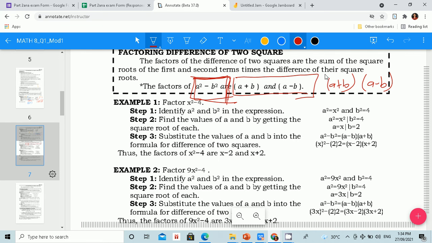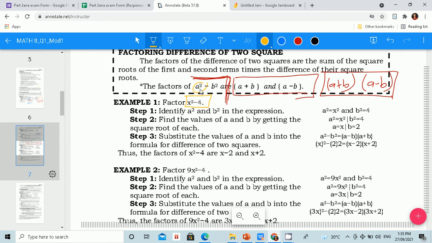So this one, we have to factor x squared minus 4. At first look, we can say that x squared is like a squared.